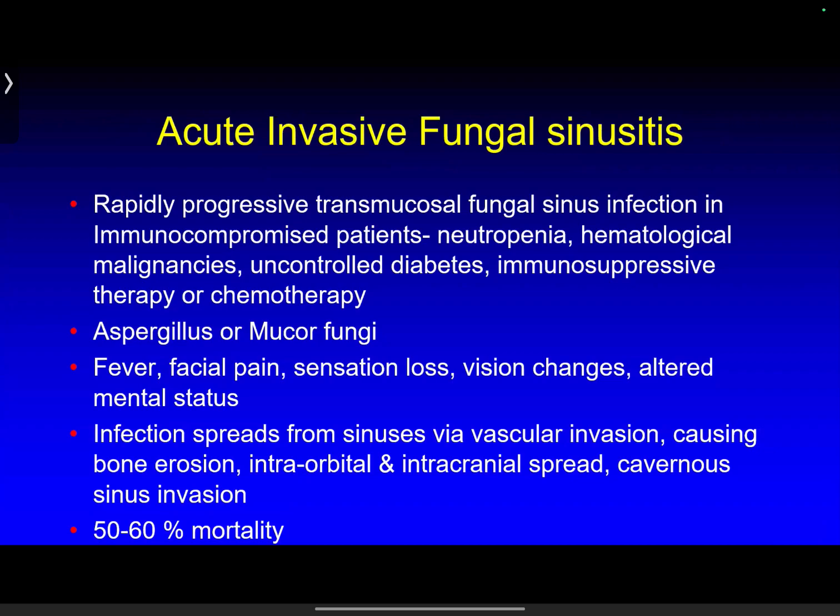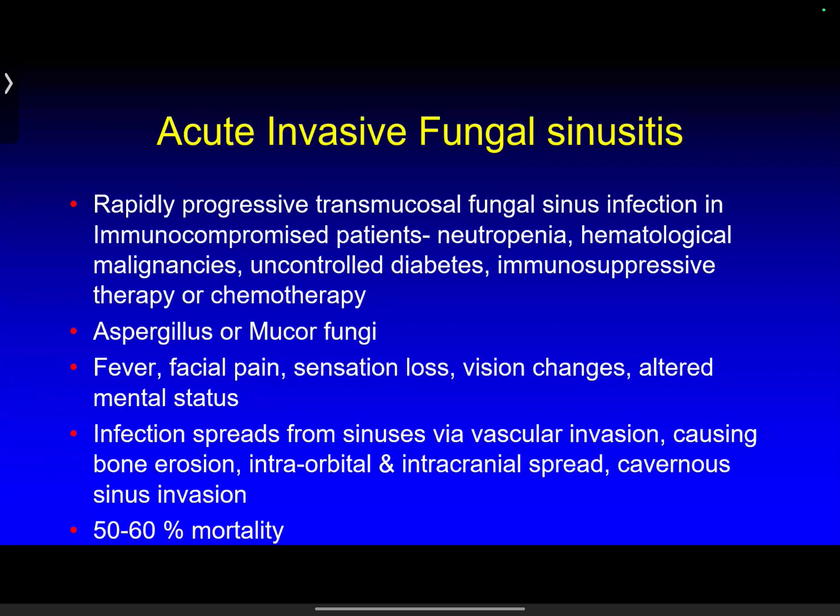So acute invasive fungal sinusitis is a rapidly progressive transmucosal fungal sinus infection, usually seen in immunocompromised patients, patients with neutropenia, hematological malignancies, uncontrolled diabetes, immunosuppressive therapy or chemotherapy, and the usual culprits are Aspergillus or Mucor, which are invasive fungi.